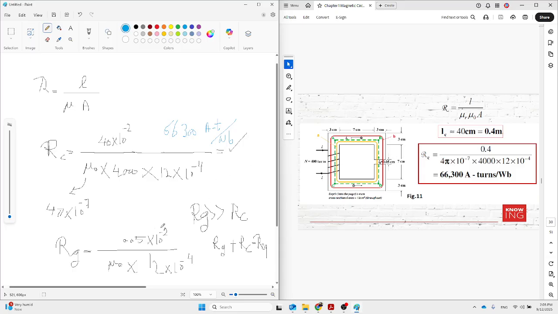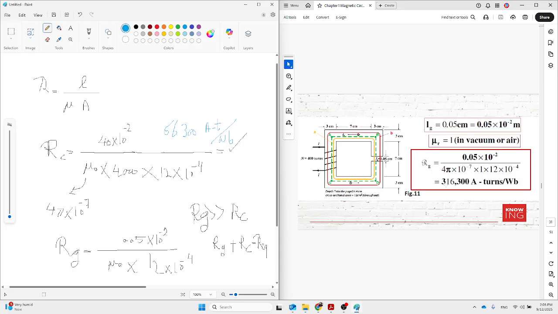But what about the Rg? You can see 316,300 ampere turn per Weber. So as you can see, quite big. Then what is the next step?